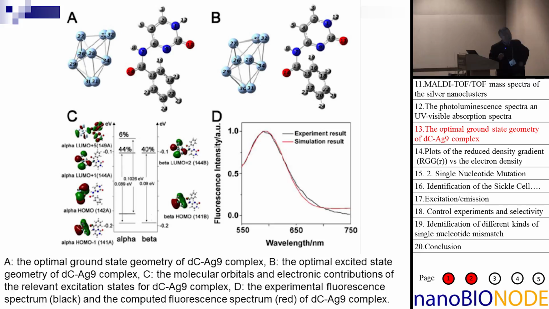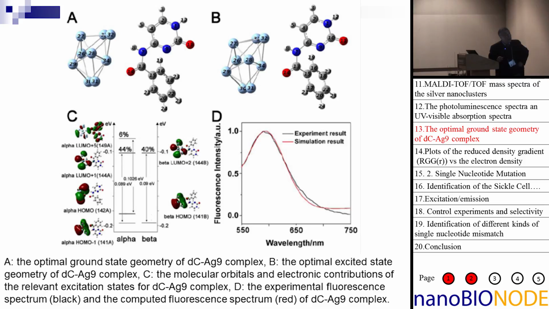And the optical ground state geometry of the DC AG9, and this is the optical excited state geometry of the DC AG9 complex. And here, these are the molecular orbitals we have calculated, and the electronic contribution of the relevant excitation state for the DC and AG9.